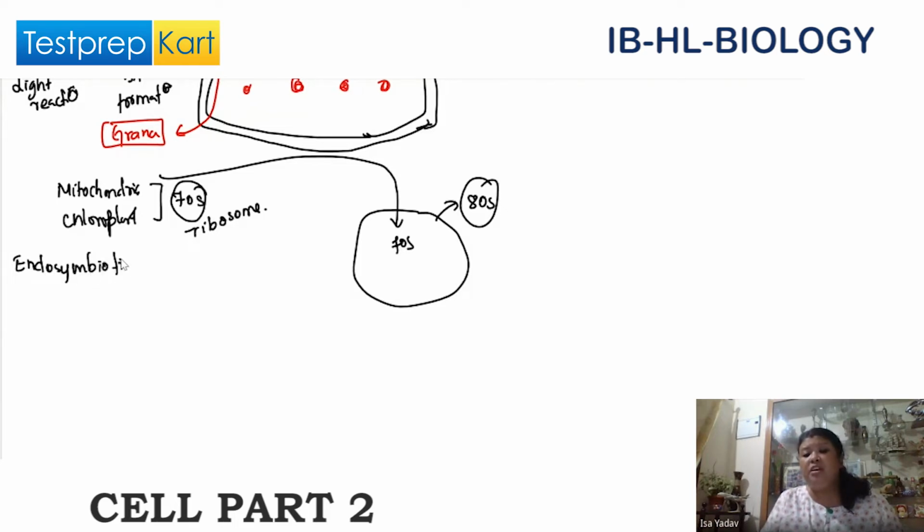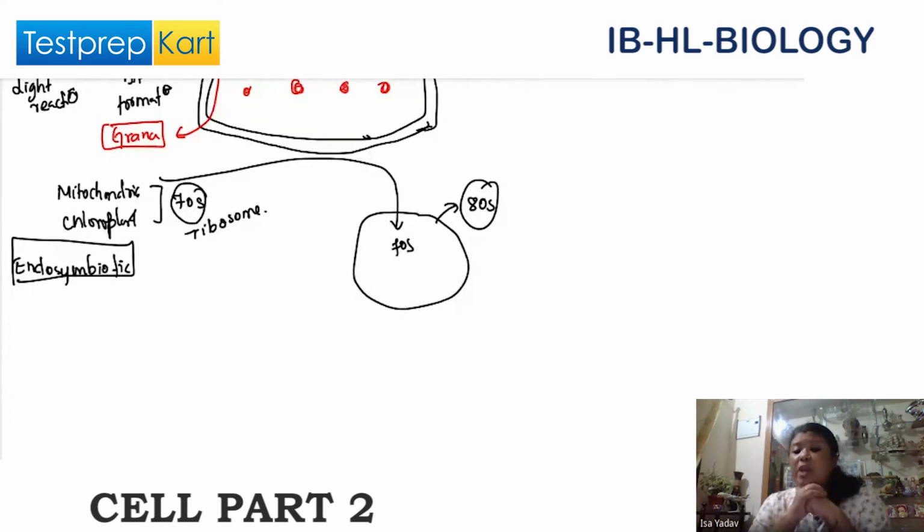endosymbiotic theory. According to the endosymbiotic theory, the eukaryotic cell originated when a larger cell engulfed two cells, one similar to mitochondria and the other similar to chloroplast.